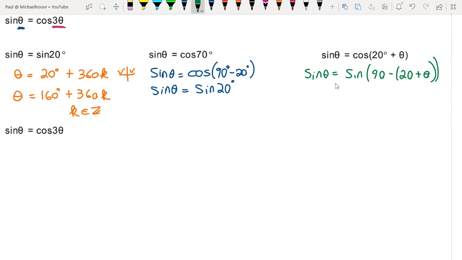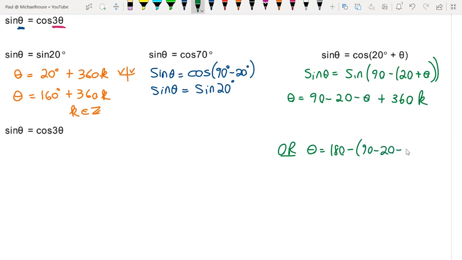One obvious answer is that theta equals 90 minus, taking out the brackets, 90 minus 20 minus theta plus 360k. I'm going to leave some space to simplify that, but the other possibility is that theta is 180 minus 90 minus 20 minus theta plus 360k.